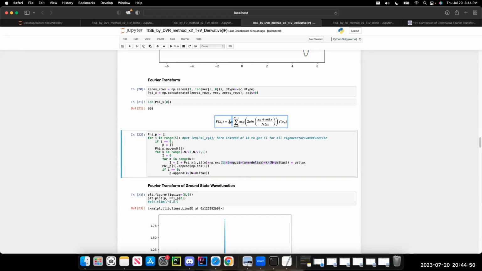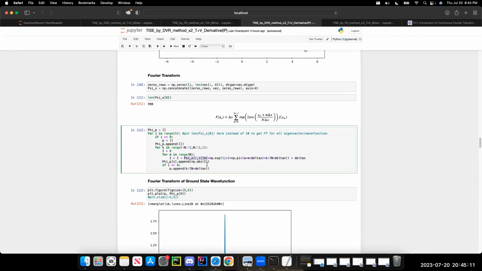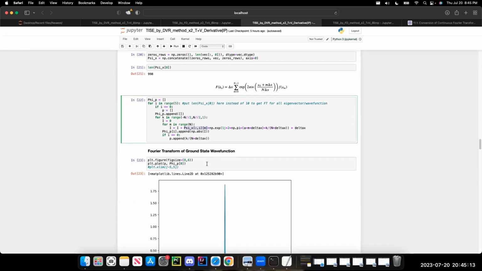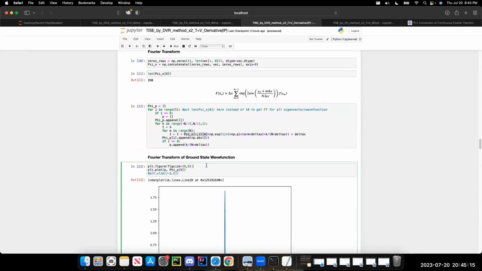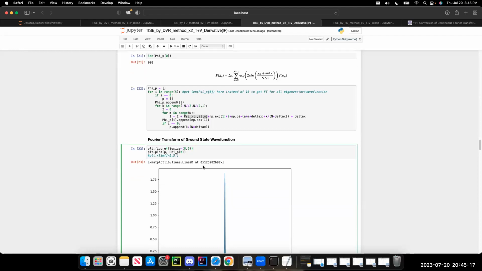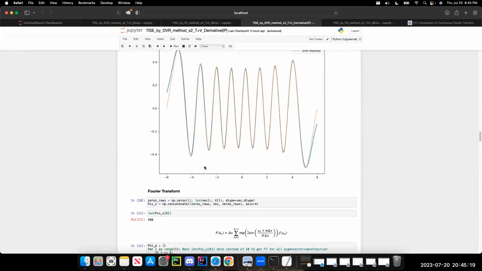And then of course we multiply by delta x, and f of x sub m is essentially here, where we go to a particular column denoted by i, and we can access an element within that column denoted by m.